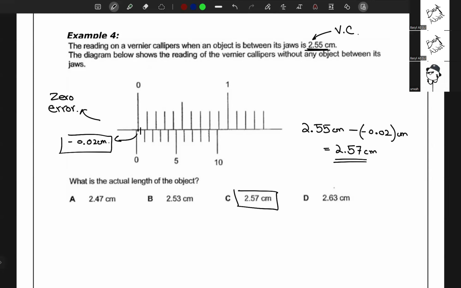So my whole answer would be wrong, right? So if it lies somewhere around 2.56, then you know it's closer to 2.57, right? So you'd choose 2.57.